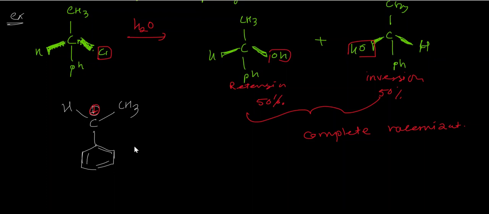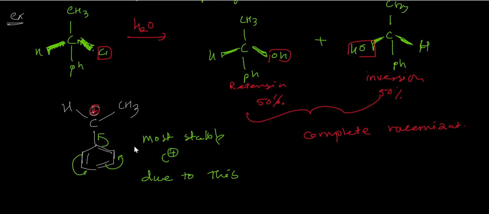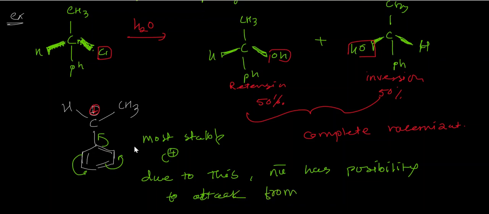So that carbocation is stabilized by the phenyl ring. Stabilization is there. So that's why this is the most stable carbocation. And due to this, the nucleophile has the possibility to attack from both sides. And due to this, there is a formation of two products, which shows racemization.